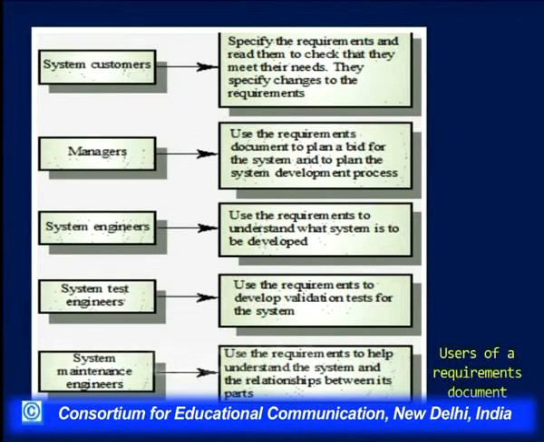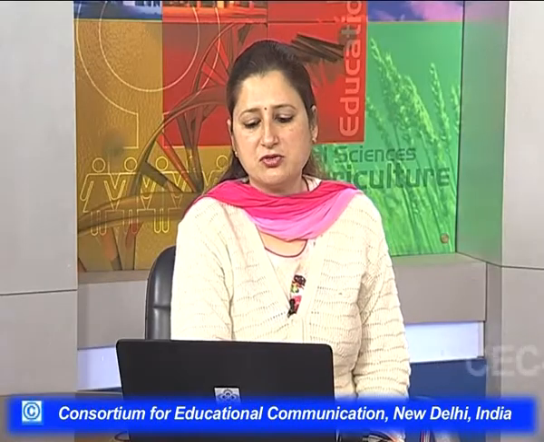Then there are the managers, who use the requirement specification document to plan a bid for the system and to plan the system development process. Then we have the system engineers who use the requirement specification to understand what system is to be developed. Then we have the system test engineers who use this document for validation tests, etc.